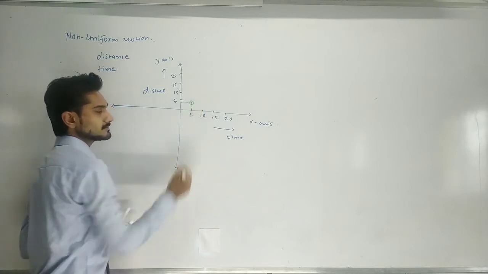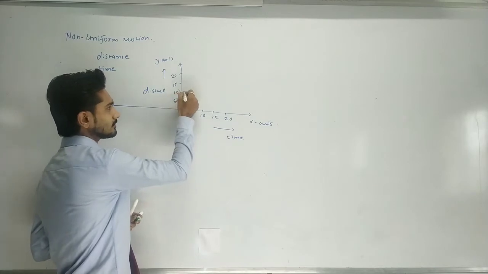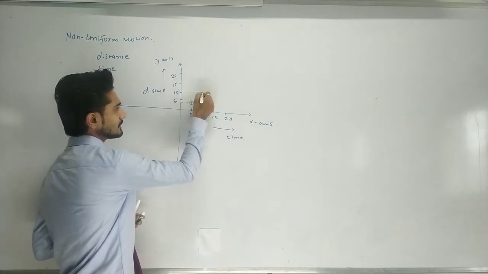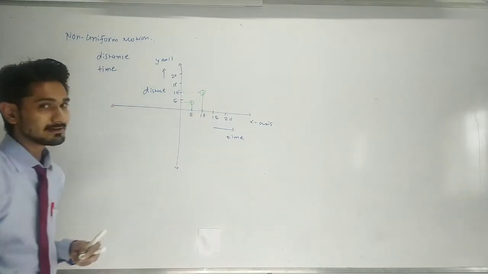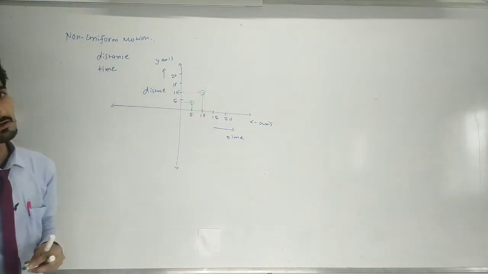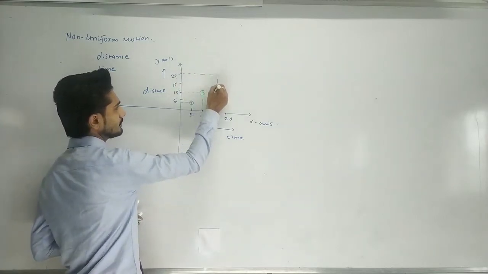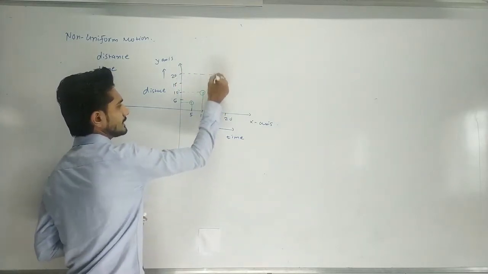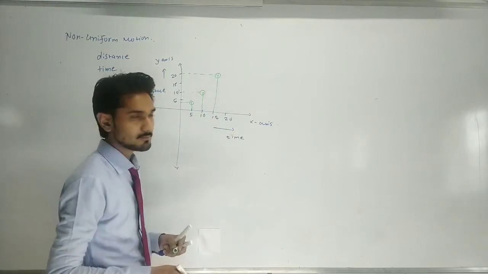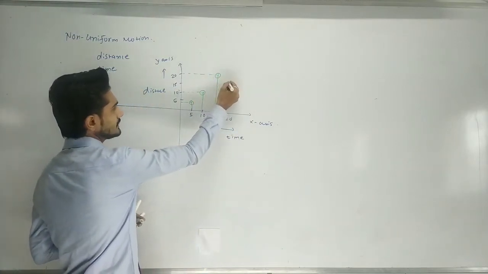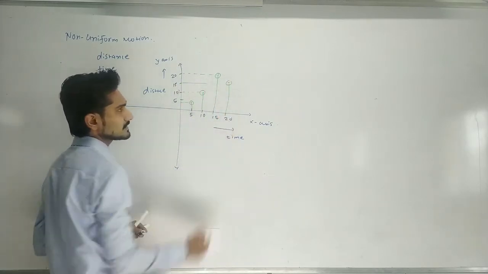The point comes here. Then when I travel 10 kilometers in 10 minutes, the point will come here. In 15 minutes I have covered 20 kilometers, so the point will come here. And at 20 minutes, after a 5-minute gap, I come back to 15 kilometers, and the graph point comes here.